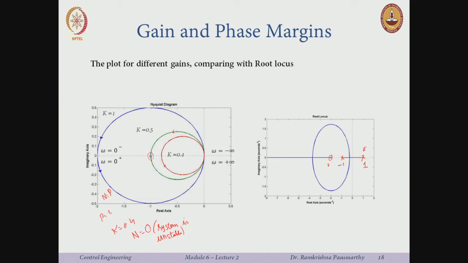Starting from k equal to 0, I reach some point here, let us say k equal to 0.5, and then I am stable. So under what conditions on k is the system stable?